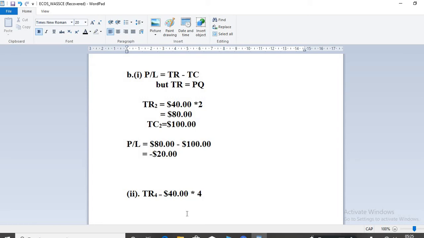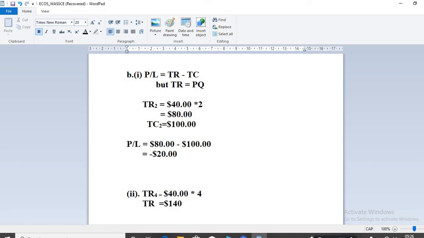So at the end of the day, what are we getting? Total revenue equals 40 times 4, which will give us $160. So $160 is the total revenue for selling 4 products.